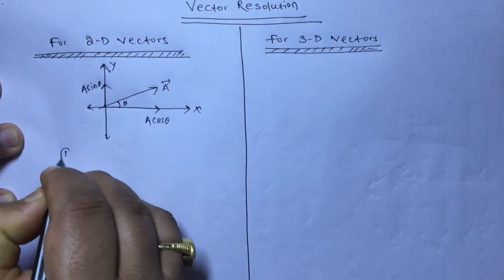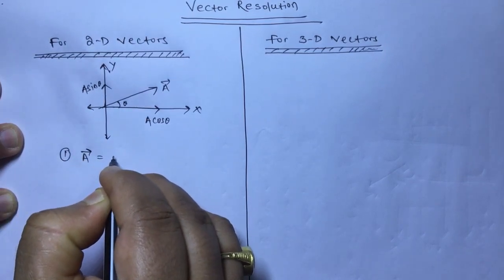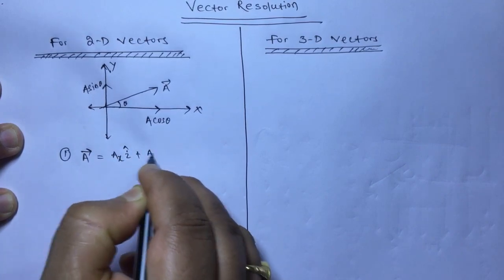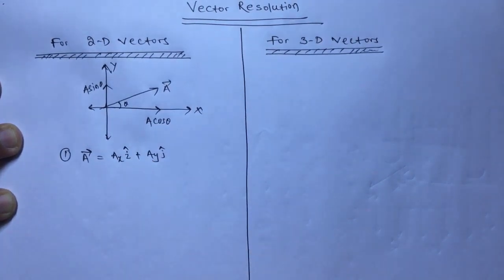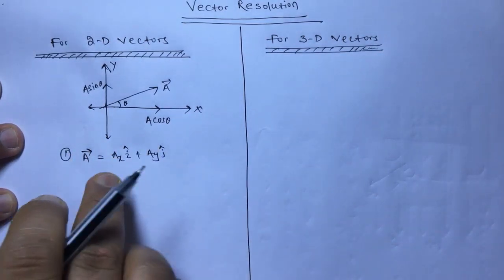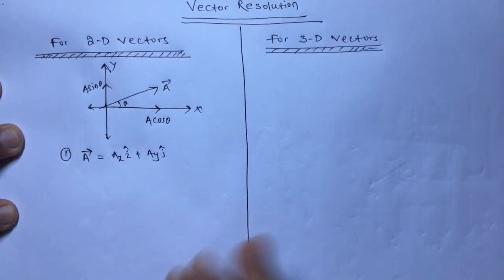Then we have written a formula that any vector A can be written as Ax i cap plus Ay j cap if it is along x and y. If it is along some other axes, let us say along y and z, then you can write Ay j cap plus Az k cap or something like that.